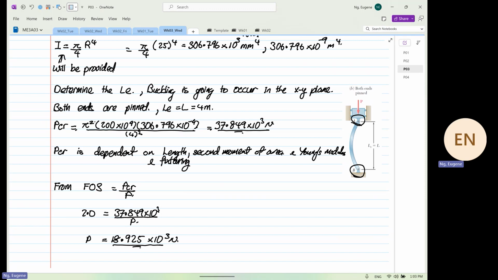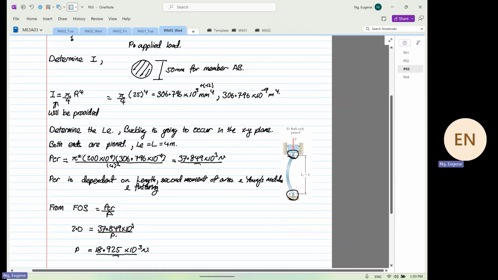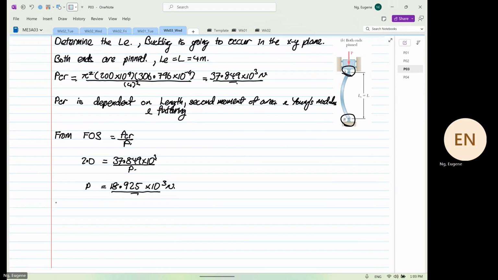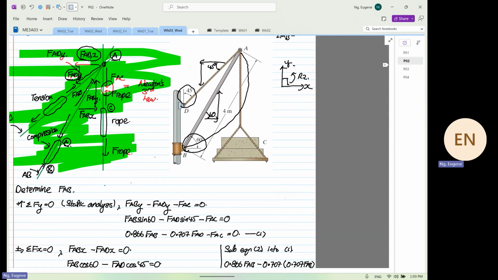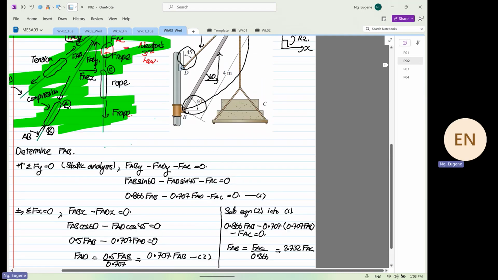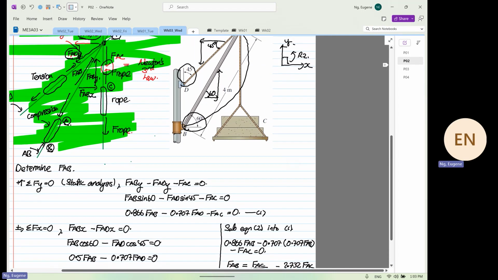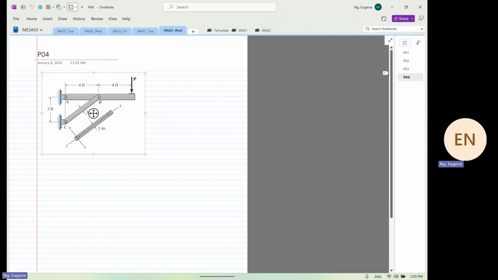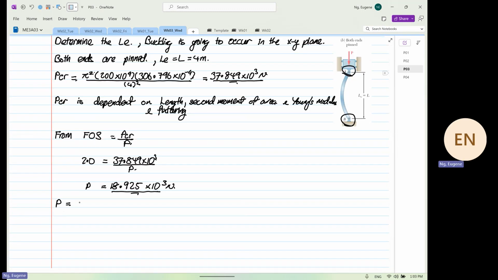So that is our P. So now we know our P value. So P over here is equal to our FAB. P is also equal to our FAB.